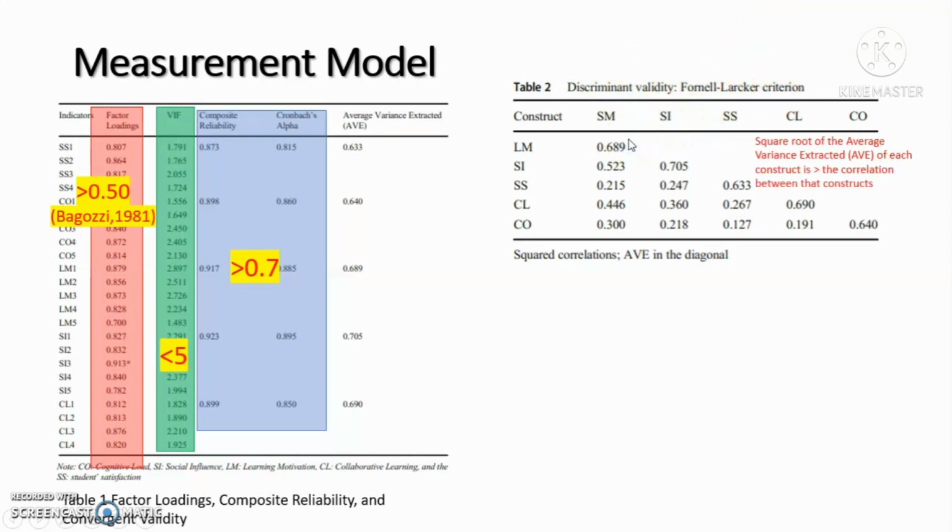And this criterion says the model is valid if the square root of the average variance extracted, or AVE, of each construct is bigger than the correlation between that construct.